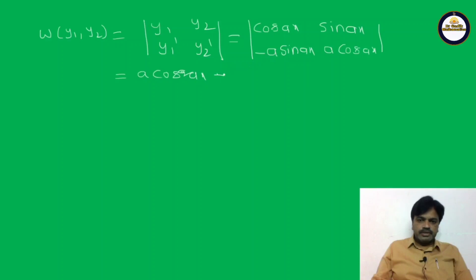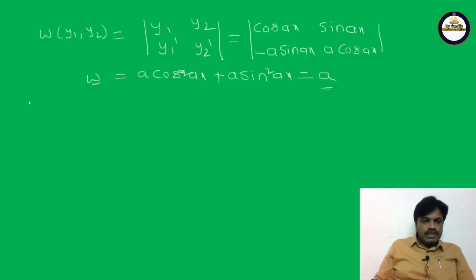Minus into minus is plus, so a sin ax times sin ax gives a sin square ax. Taking a common, cos square ax plus sin square ax is 1, so finally we get W is a, friends.